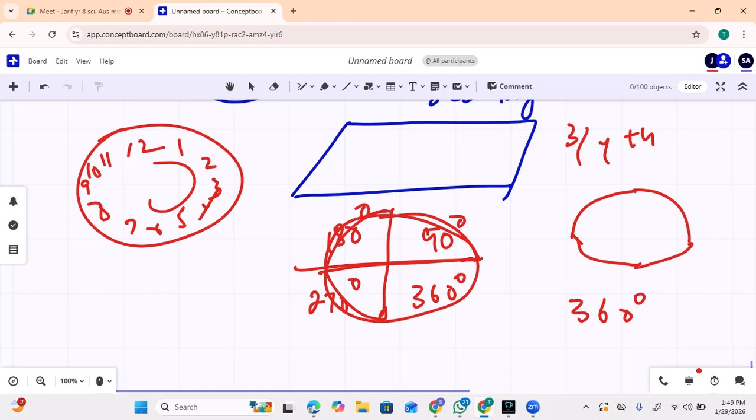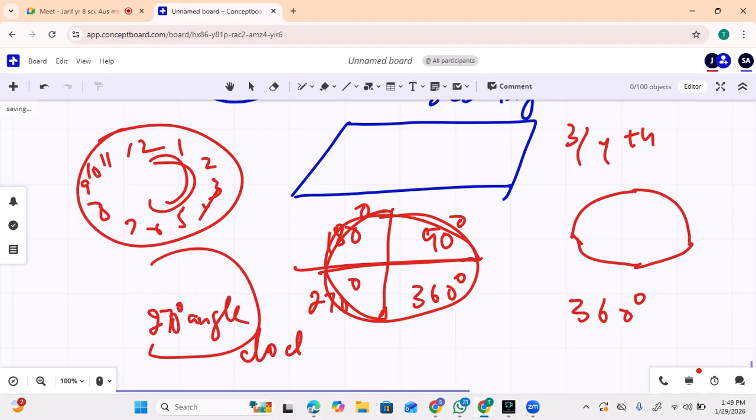So we have to rotate it like this, more than half of a circle, a 270-degree angle in clockwise direction. This is anti-clockwise because you are moving against it.